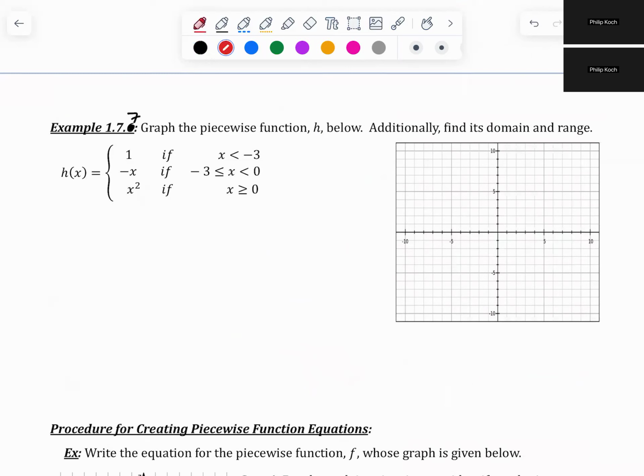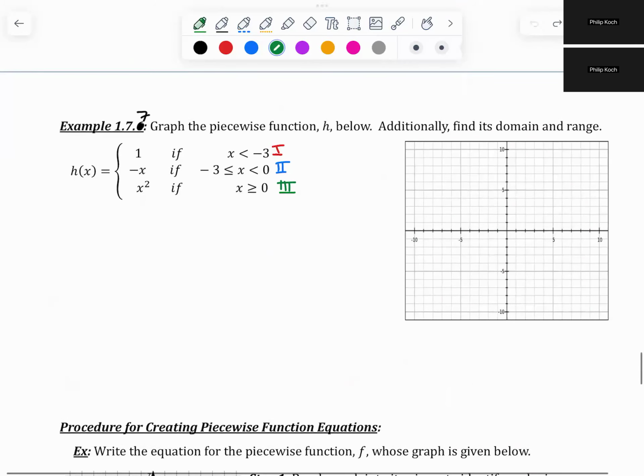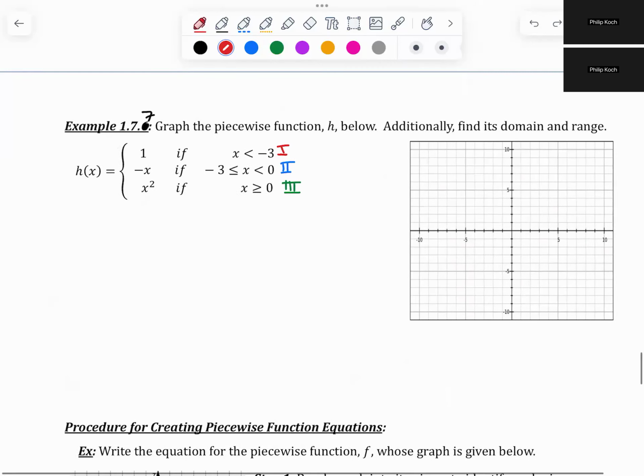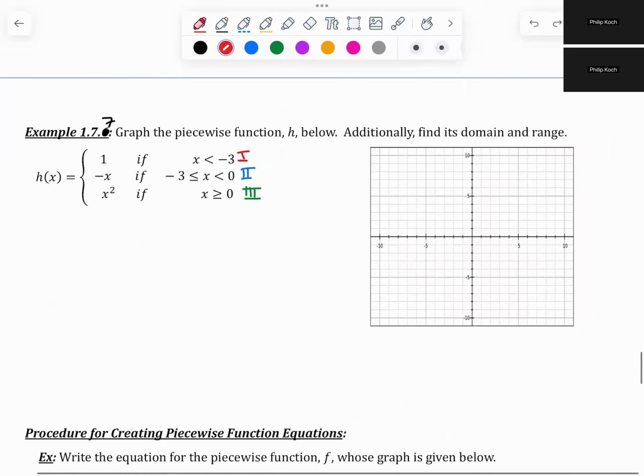All right. Let's identify them into pieces. Piece 1, piece 2, and piece 3. All right. So now that we've done that, I'm going to do step 1, which is dividing it into the pieces on the graph. So piece 1 is for all values less than -3. That's going to be to the left of -3. Like that.